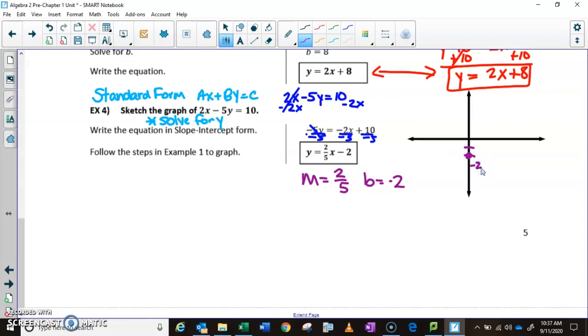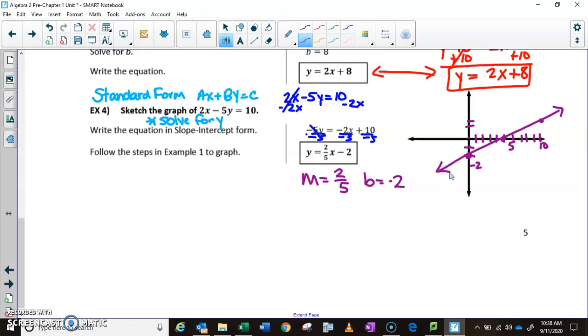And I'm going to move m, rise over run. So I'm going to rise 2, run 5, rise 2, run 5 more, and then I can sketch in the graph of my line.